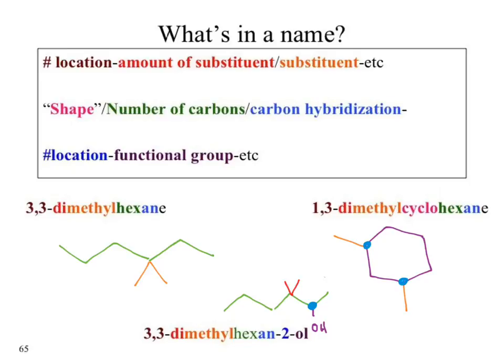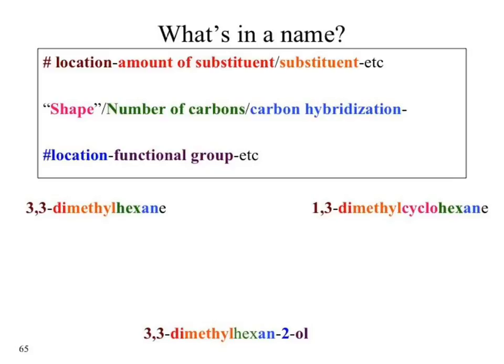Actually, new question. When should you worry about R and S, E and Z? When you see a question, let's say it says draw the structure, and there's your new name. When do you worry about R and S?